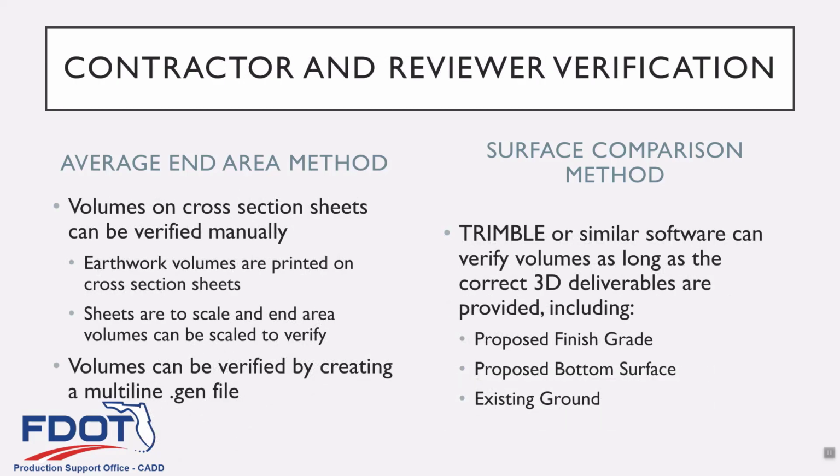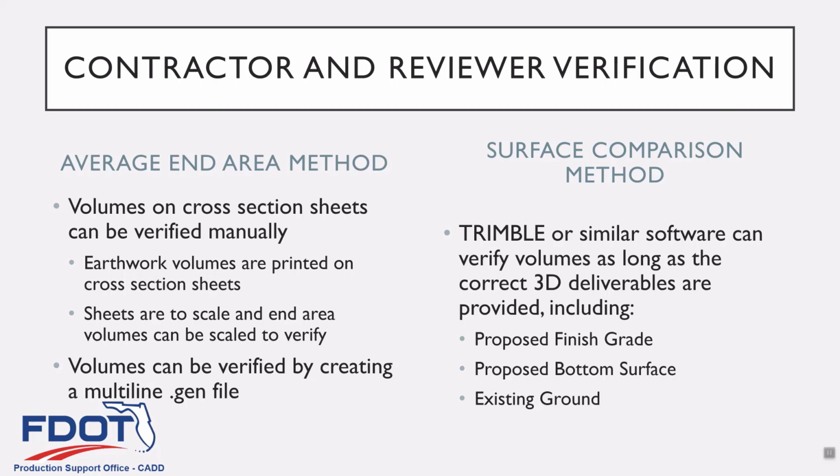Which leads into the next question: how would you check those numbers? If you're just letting the software do it for you, reviewers and engineers want to verify. So how are you going to verify that?